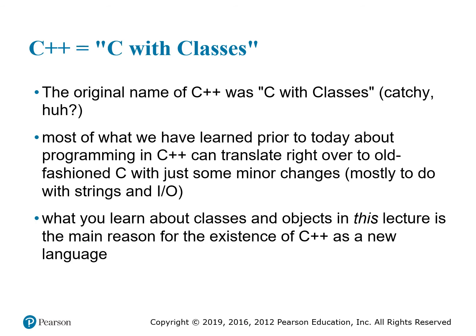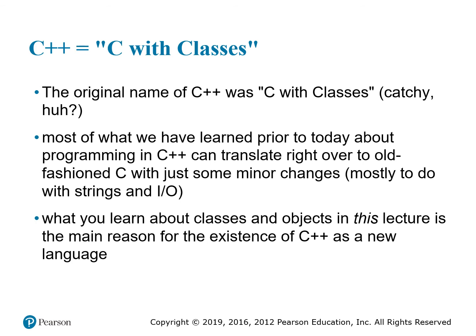So you have to replace your strings with C strings and your IO with printf and scanf. But if you can get around those minor changes, our if loops and our function definitions and even the pointers that we've learned about recently are all things that were carried over to C++ straight from C.